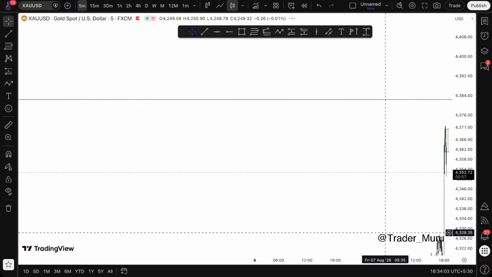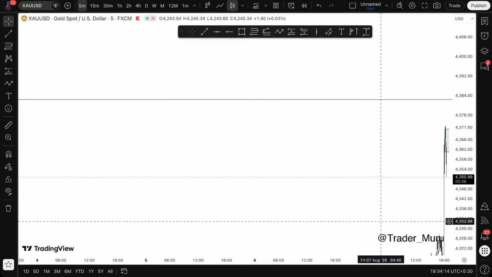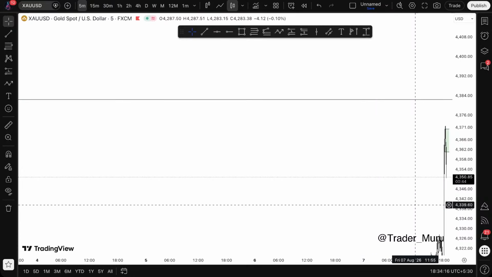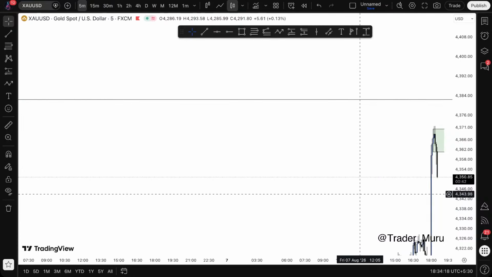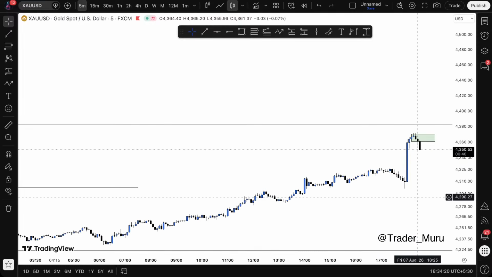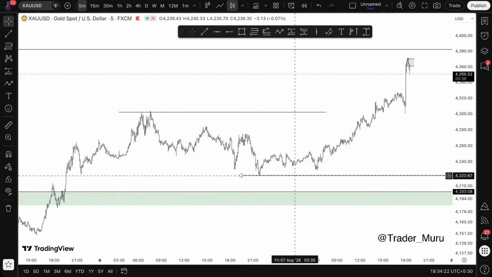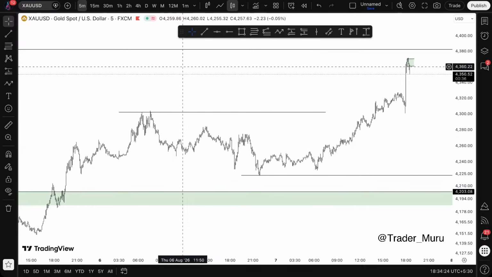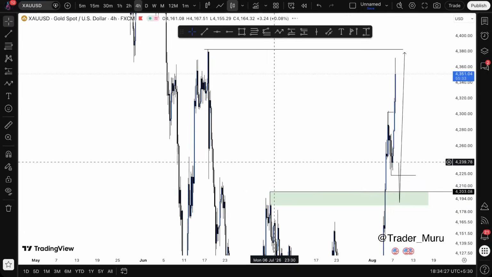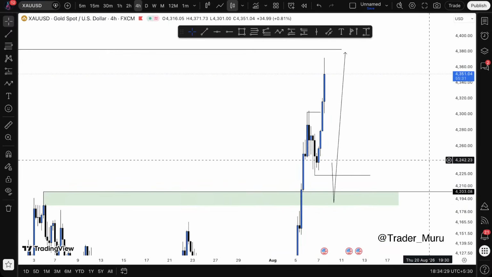Correct, the drop from 4300 to 4230 is exactly a 30% retracement, but I missed the buy because I thought it could go below 4200. I was waiting for 4200 here, but price just started pumping from 23%.